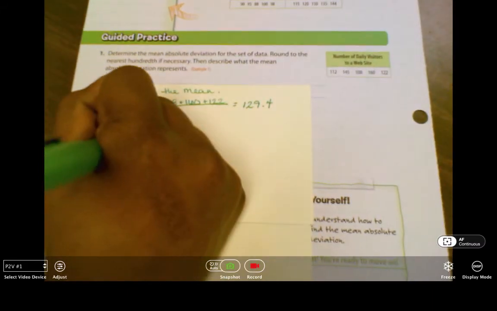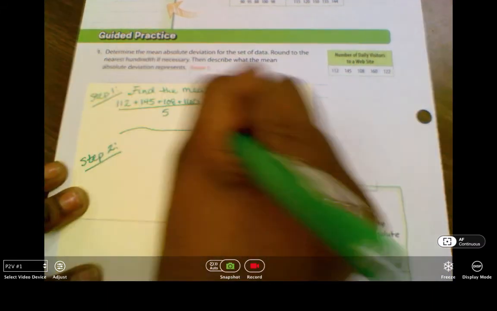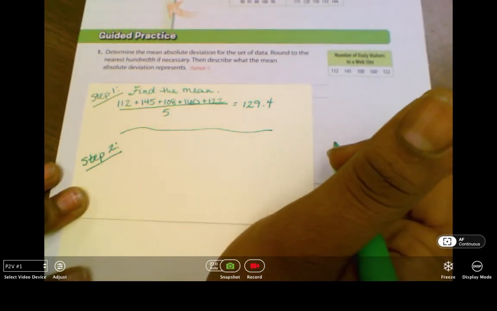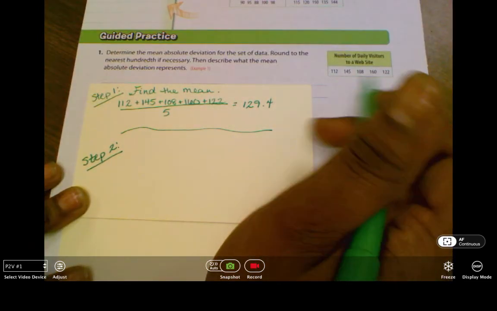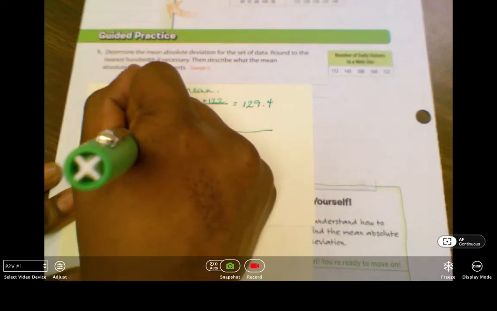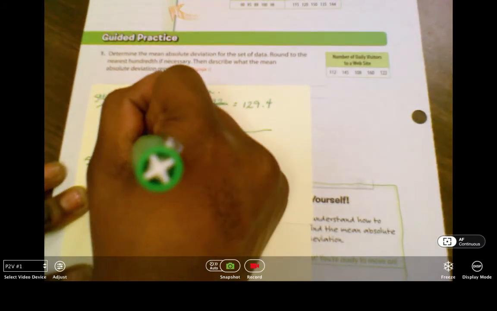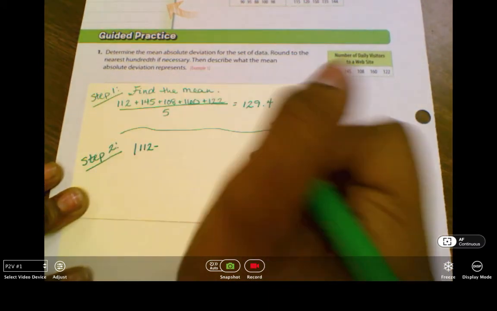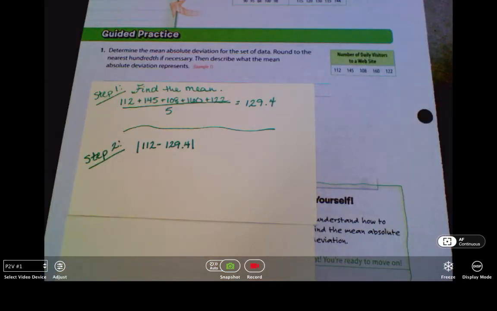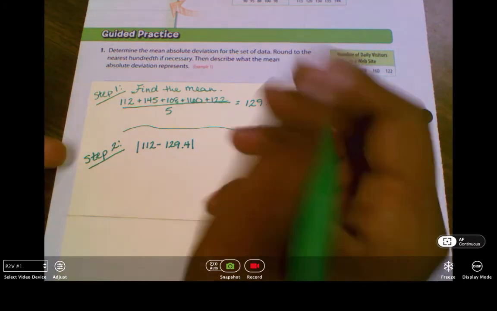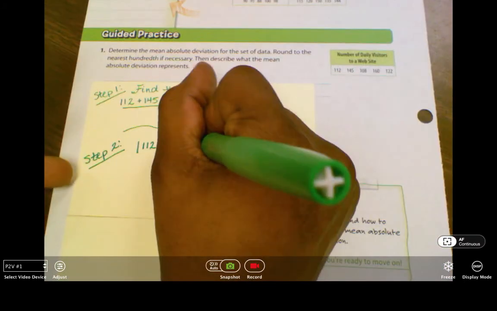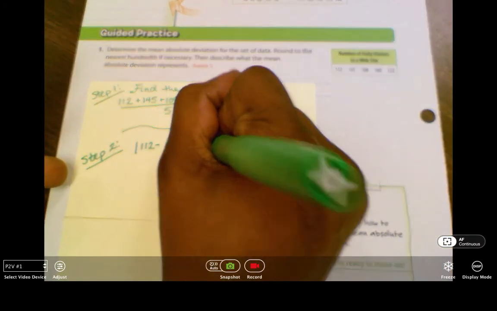So step 2, find the absolute value of the distance between each value in your data set and the mean. So we've got the absolute value of 112 minus 129.4, and that gives me 17.4.